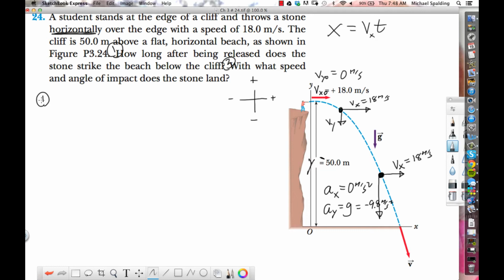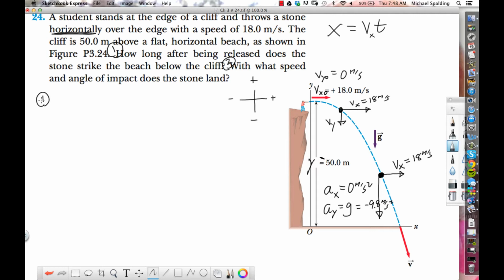Am I going to answer this question using the x direction, or am I going to answer this question using the y direction? You're never, ever, ever going to take x data and y data and use x and y in the same equation.